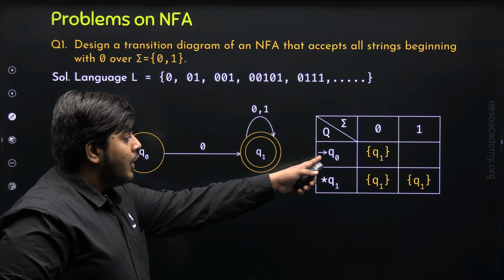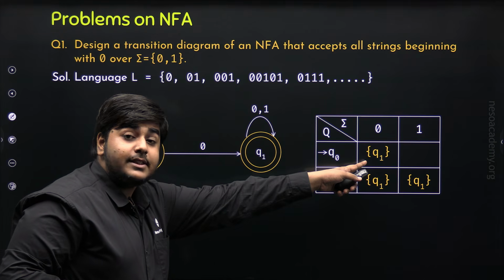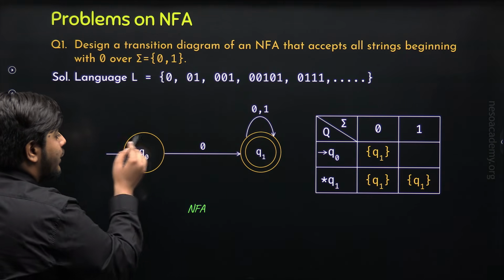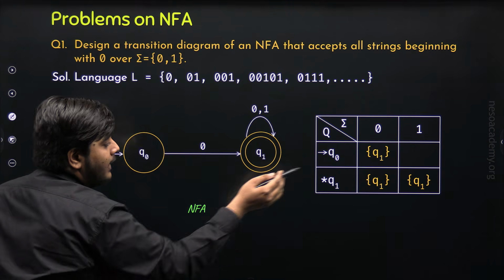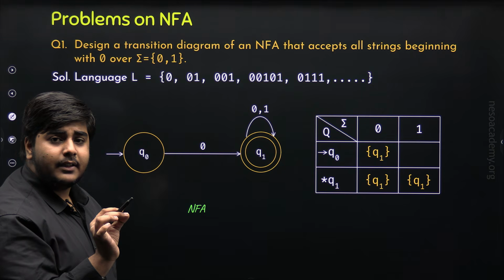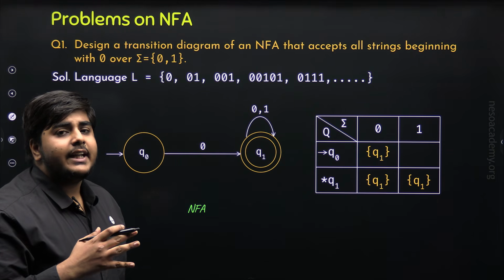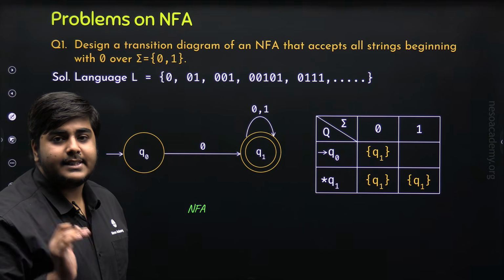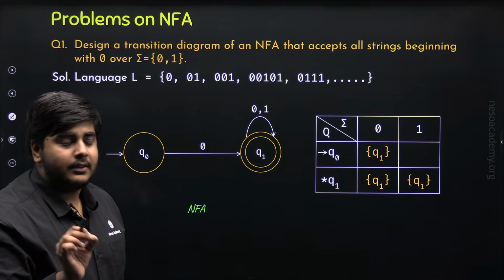And now you can see Q0 on getting the input symbol 0, our next state is Q1. That is why we have written Q1. Why in the form of set? I have already told you that in case of NFA, we can have more than one possible next states. That is why we write the states in the form of set.